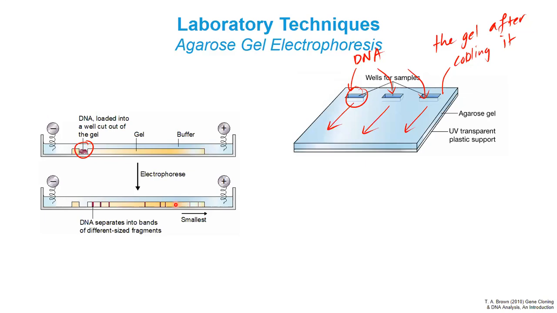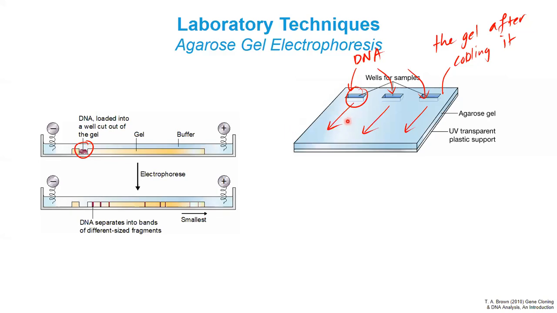So smaller DNA fragments will be moving faster than larger DNA fragments. This allows us to separate the DNA fragments based on their size.